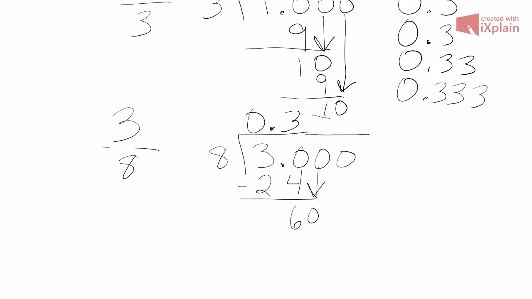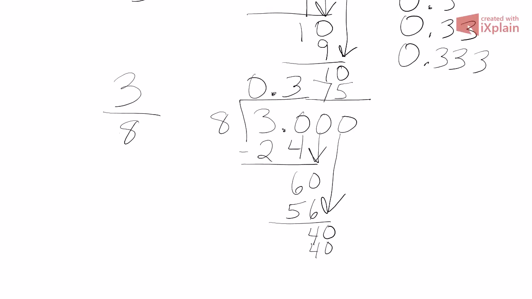So 8 times 7 was 56. And then that will leave me with a 4. And then I'm going to bring down this 0. 8 times 5 is going to give me 40, and I'm going to be done. So I'll have 40, which leaves me with a 0. And so my answer would be 0.375.